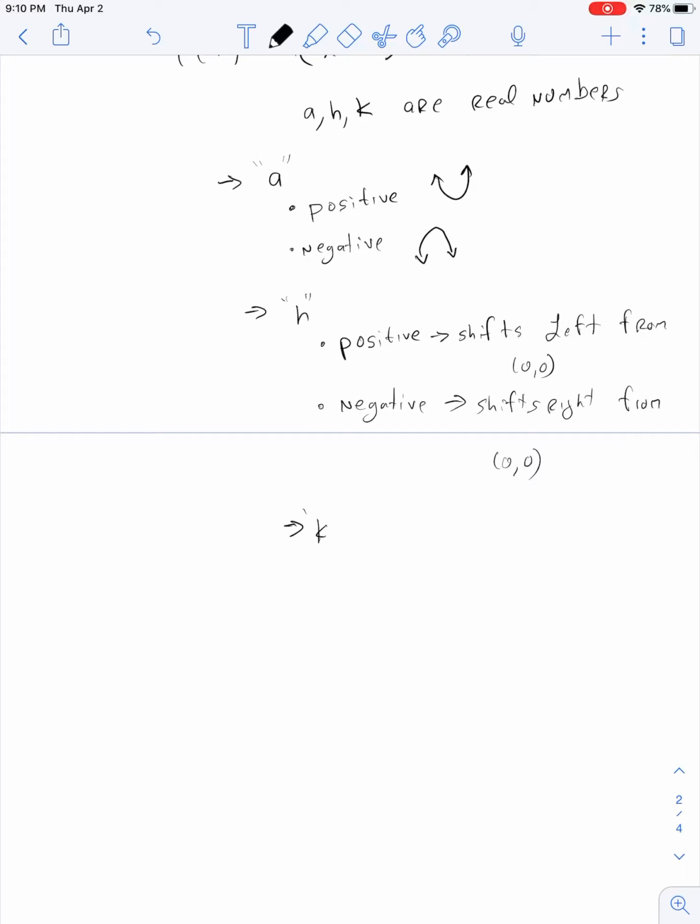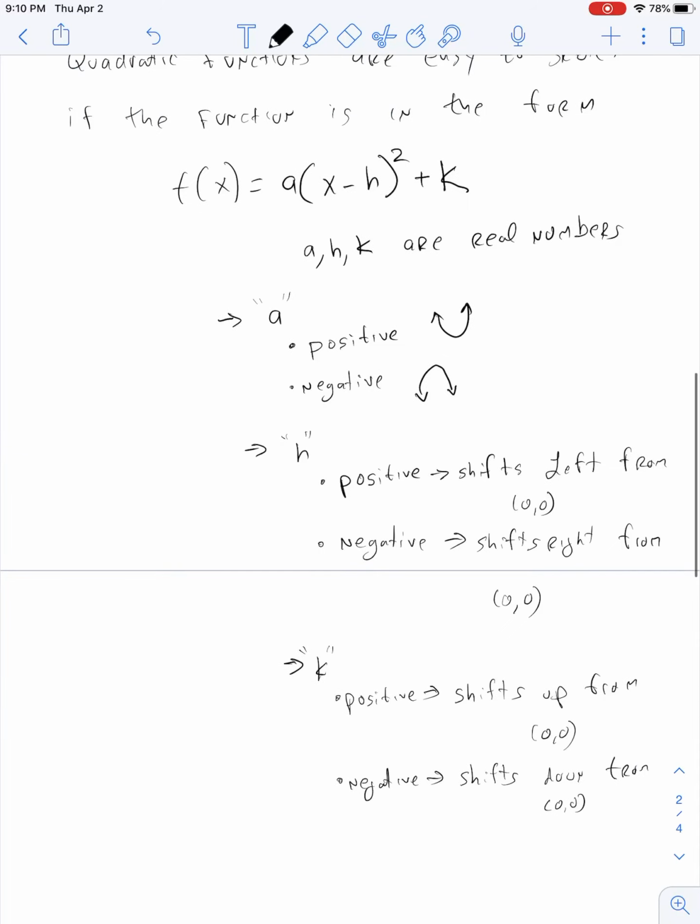Your k, if it's positive, it shifts up from 0, 0. And if it's negative, it shifts down from 0, 0.